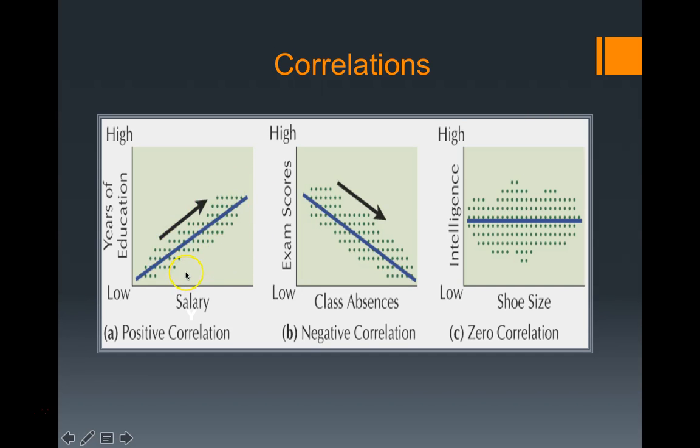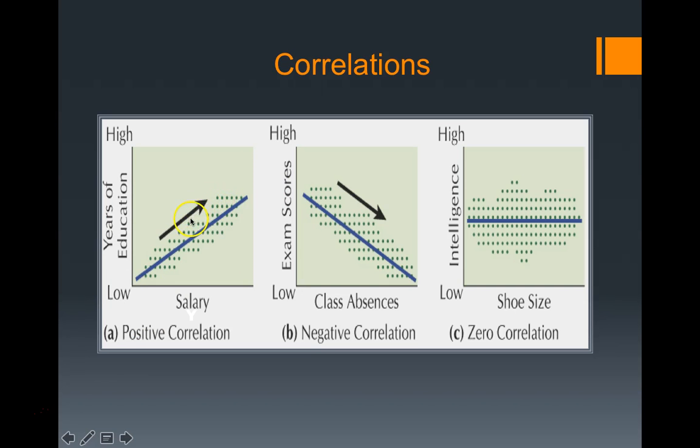So here's a modest, pretty good correlation, but it's not a perfect one, between salary and years of education. And as you can see, as salary increases, so too does years of education. So the more education a person has in general, the higher the salary. But it's not perfect.